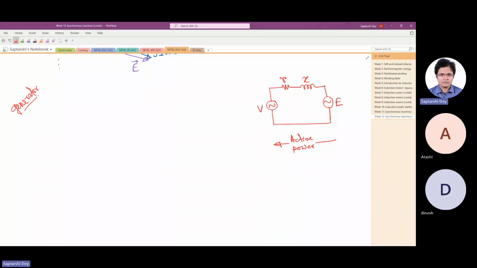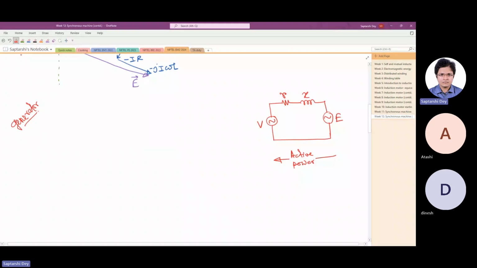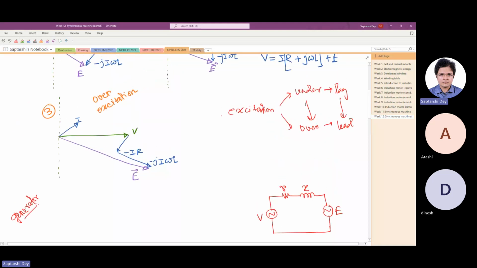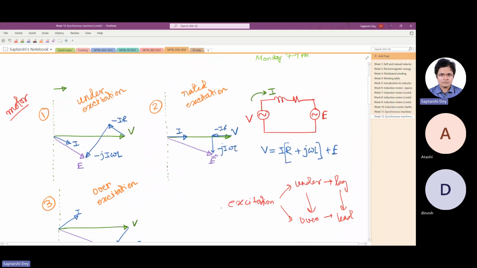However, we can take the current in any direction. So let us take it in the direction of V itself, or the other way also we can do. Only thing is you have to make sure that the equation that you are writing is consistent with the circuit that you are drawing.